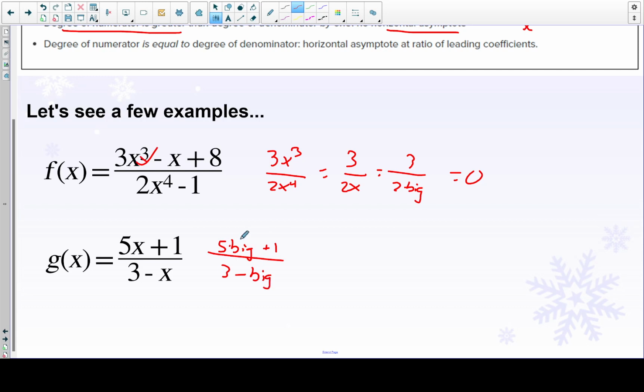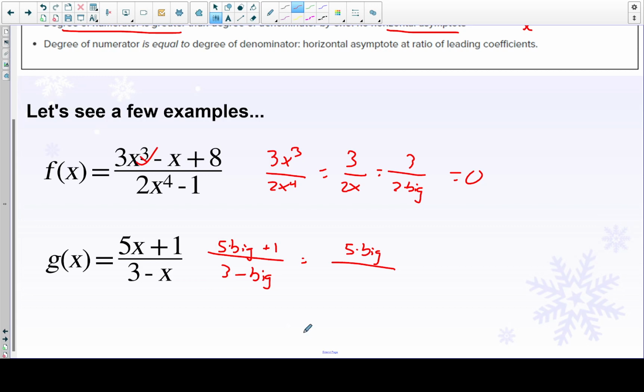So what's going to happen? 5 times big plus 1 is still going to be big. It's going to be a very big number. The plus 1 doesn't really ever do anything, so we can ignore it. And then down here, if we take 3 and subtract a big number from it, you're still going to have a big number, but it's going to be negative.